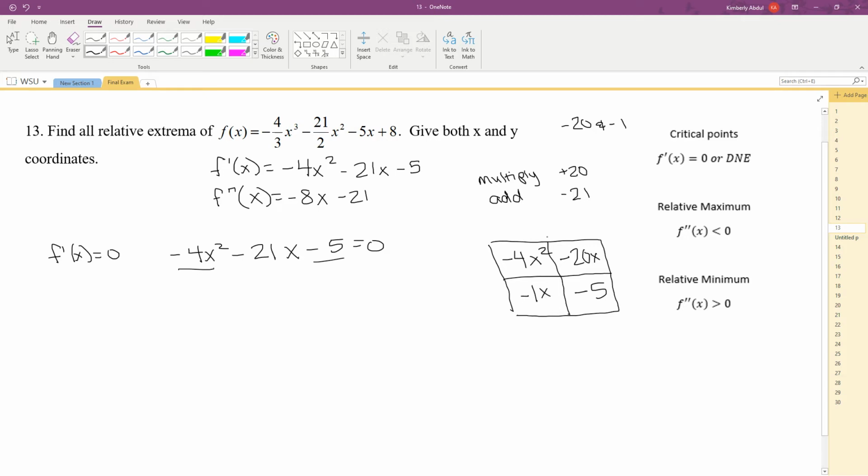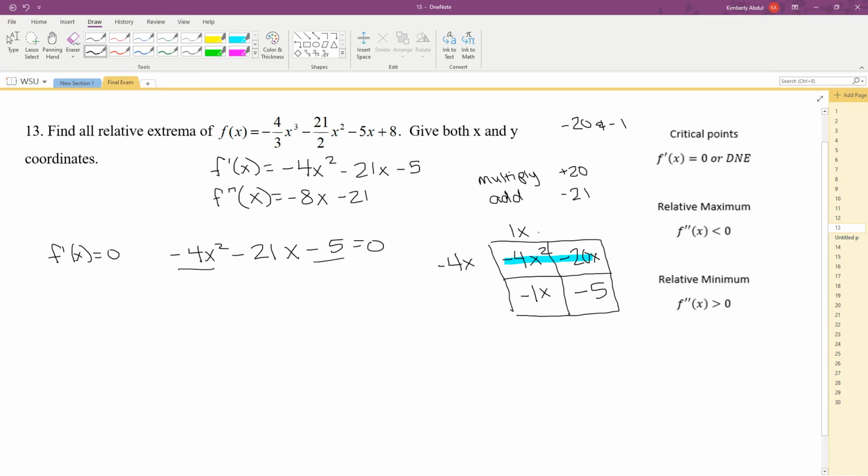Okay, so now to factor, you're going to just pull out a common factor, and then you can use that first common factor to fill in the rest. So if I look going on this side, I see that I could pull out a common factor of negative 4 and x. So negative 4x would go here. Then I can see, okay, this is going to be 1x, so that it would make this little box true.